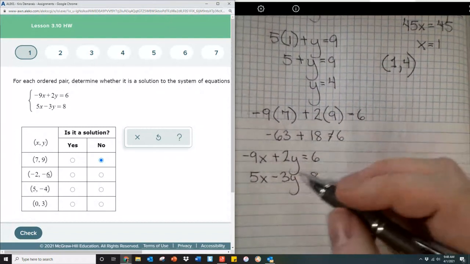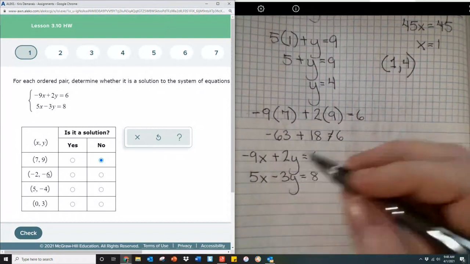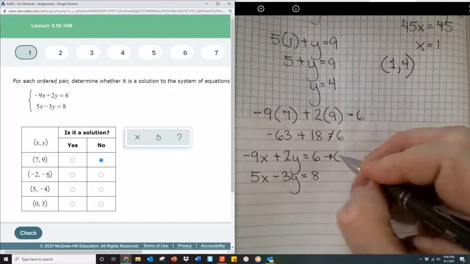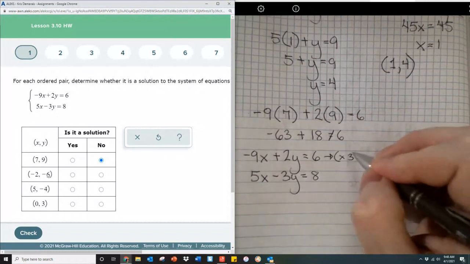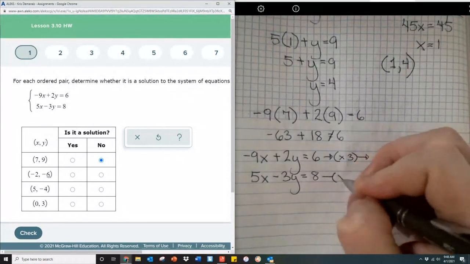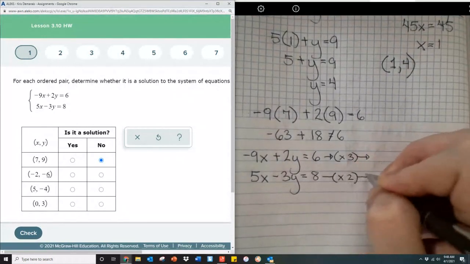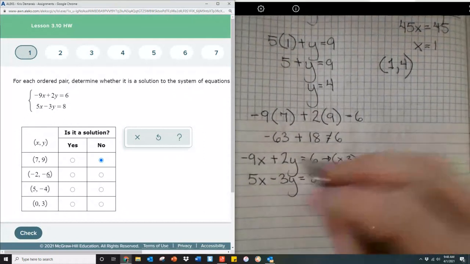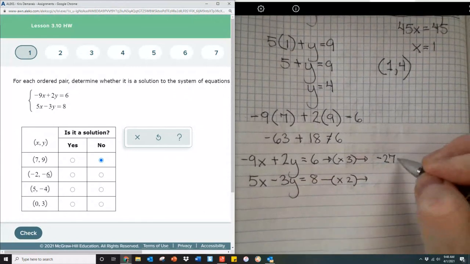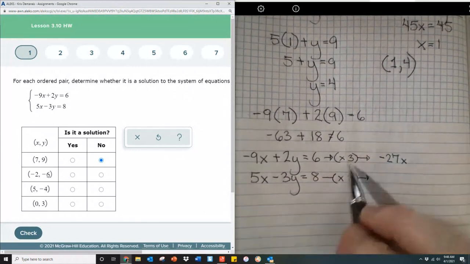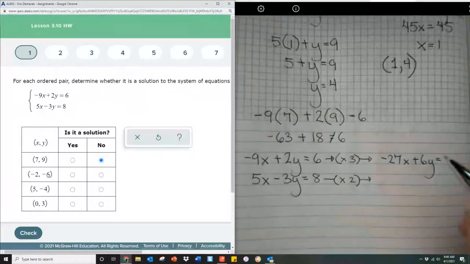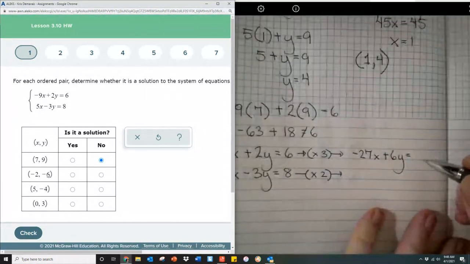So the way I'm doing this is I'm going to make these match by multiplying this right here by 3 and multiplying this by 2. If I multiply this by 3, then it's going to be negative 27x, positive 6y, and 18.